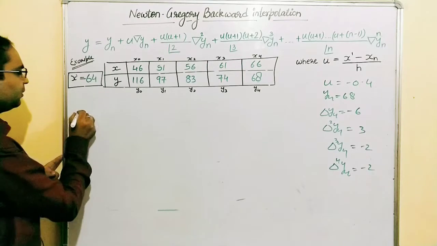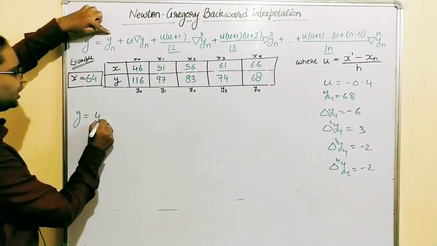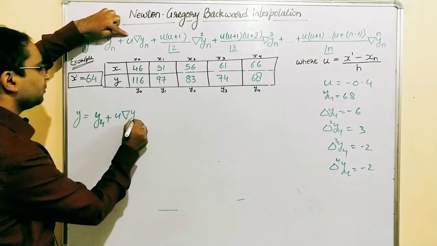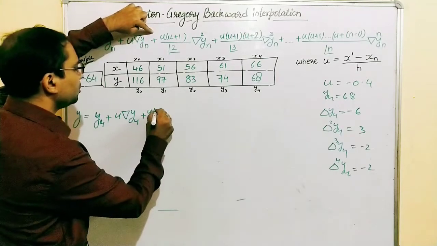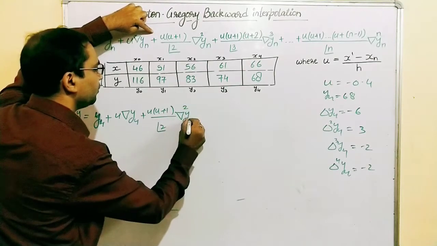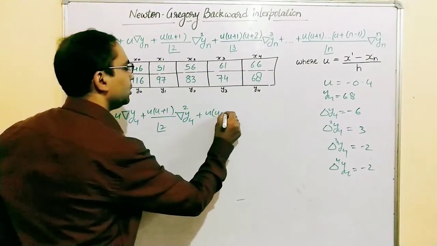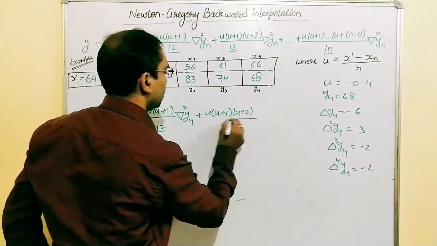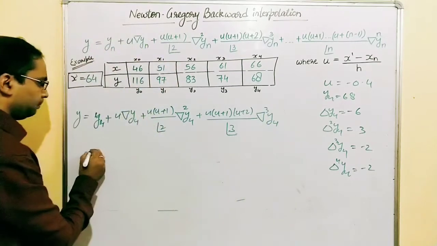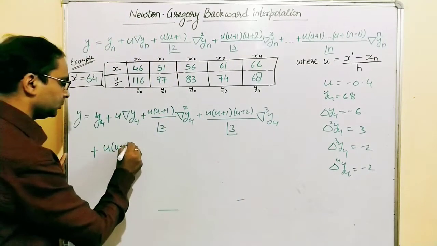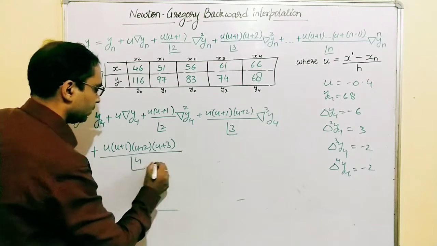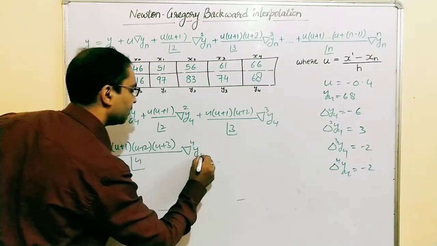This yn will be y4 plus u backward del y4 plus u plus 1 by factorial 2 del 2 y4 plus u plus 1 u plus 2 divided by factorial 3 backward del 3 y4 plus u plus 1 u plus 2 u plus 3 by factorial 4 backward del 4 y4.